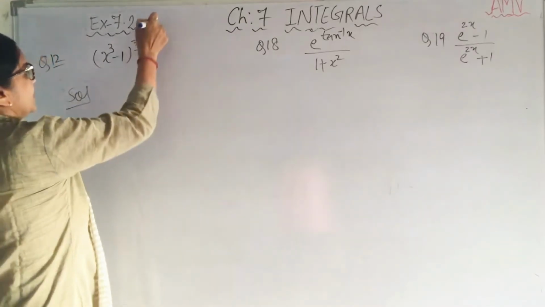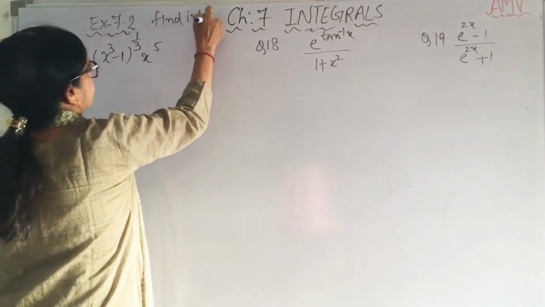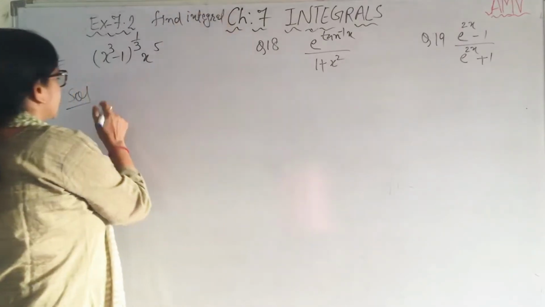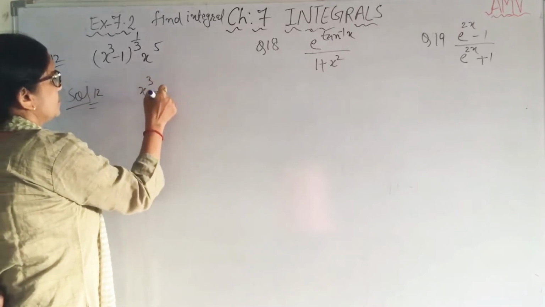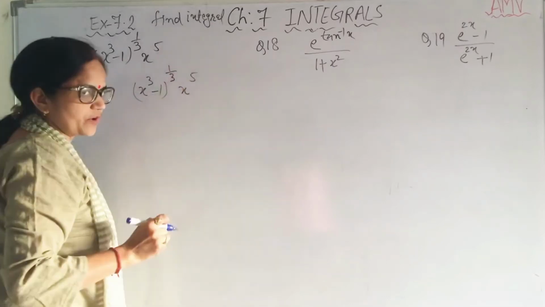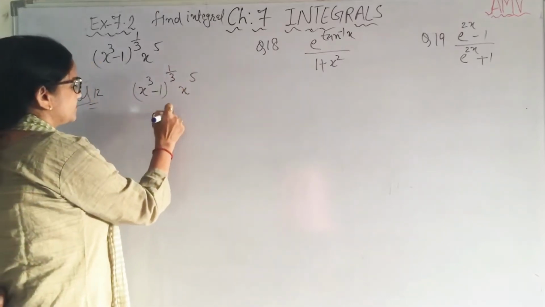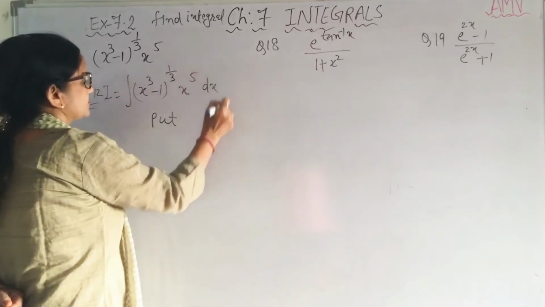Find the integration of the function (x cube minus 1) whole power 1 by 3 times x raised to 5. First, you can take I equal to this.